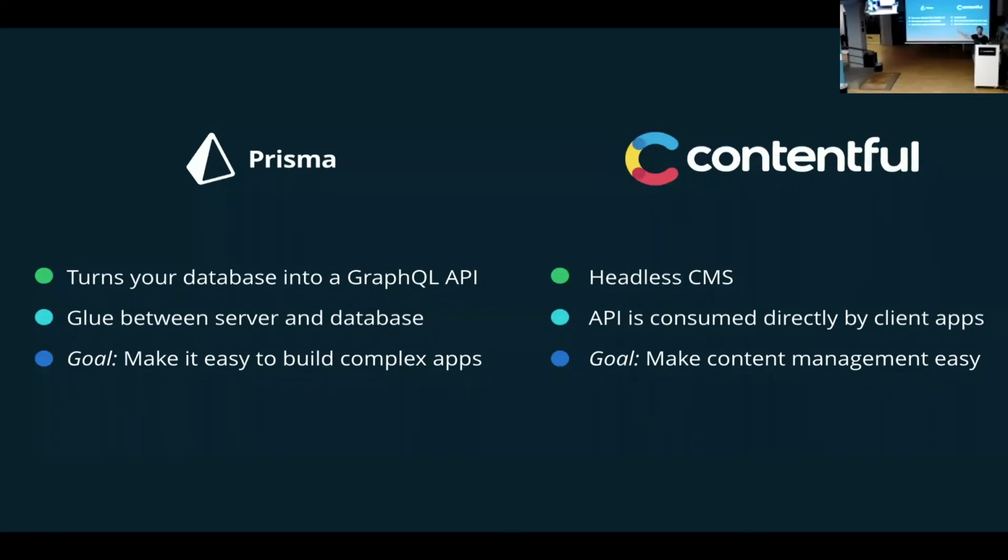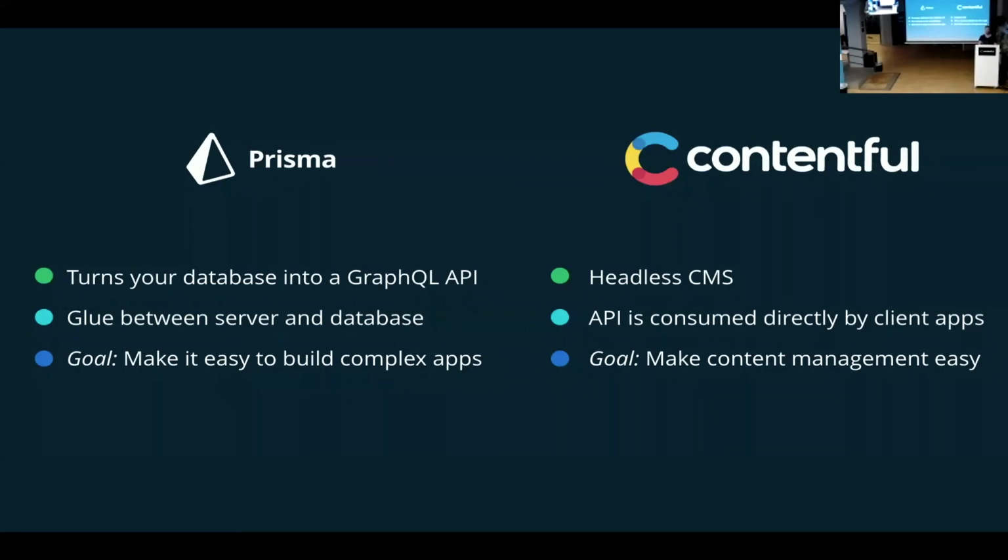But for Prisma, your client applications would never talk to Prisma's GraphQL API directly, because most of the time you want to have additional business logic, or you want to have integrations with other services. In these kinds of situations, you want to control your own API, and you want to put that additional server layer on top of that.